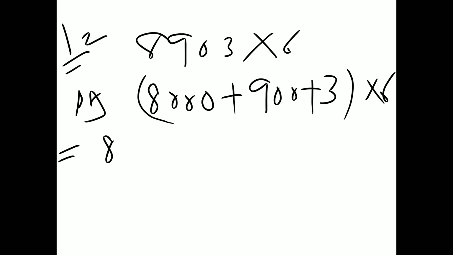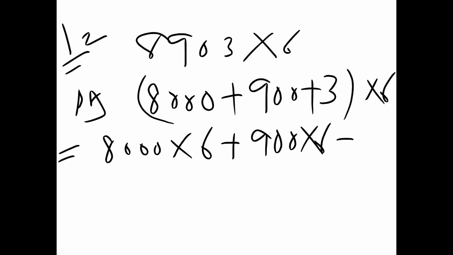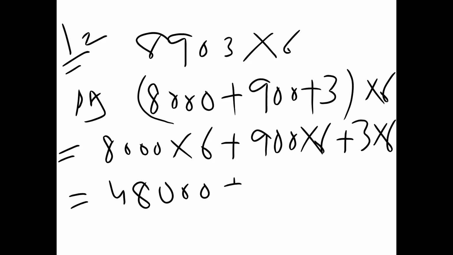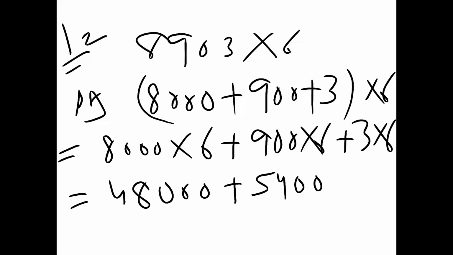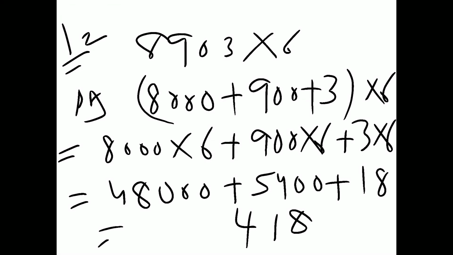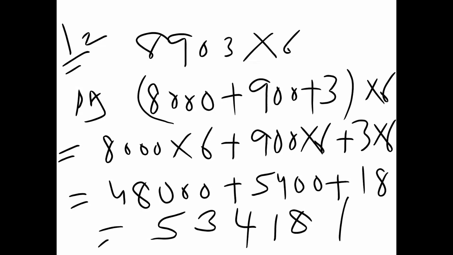So you write 8000 into 6, 900 into 6, 3 into 6. 8 6s are 48 and with that 3 zeros come. 6 9s are 54 and with that 2 zeros come. 3 6s are 18. Add them. 8 will come as it is, 1 will come as it is, 4 will come as it is. 8 plus 5, it will be 13. And 1 up, answer will be 53418.